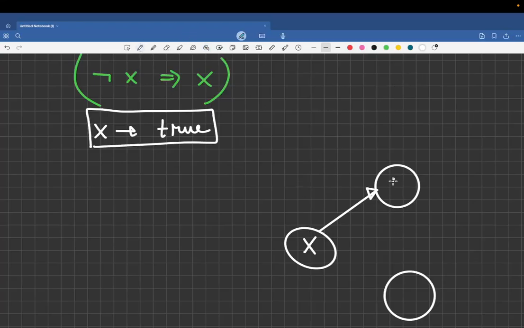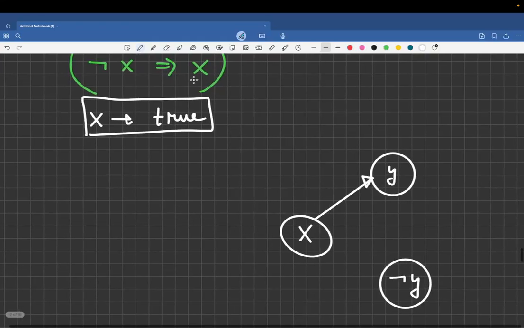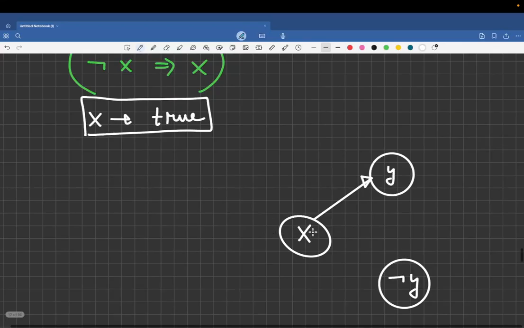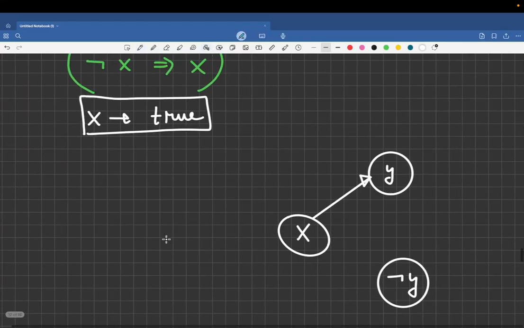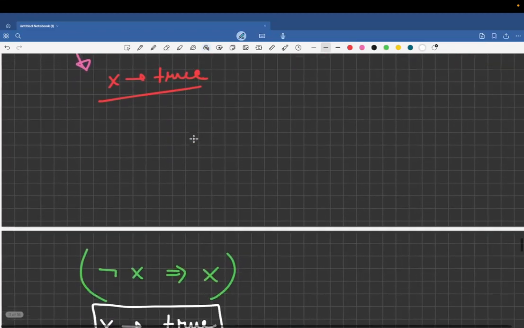So this is actually y, and this is not y. And I am saying that not x is reachable from not x. Don't get confused over here. I'm just explaining why assigning x equals false in this case won't face any issue for me.